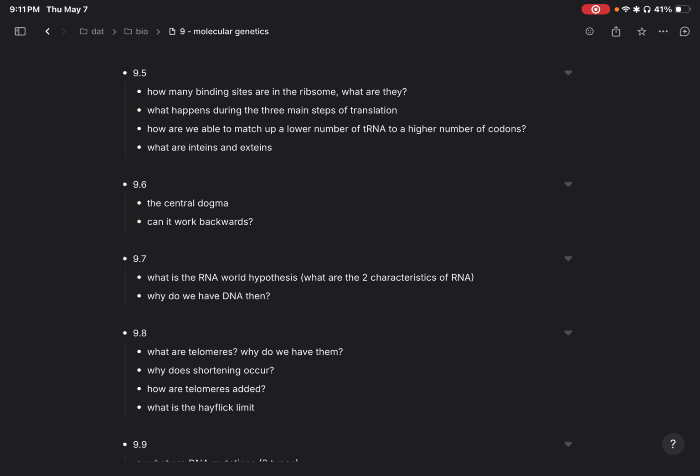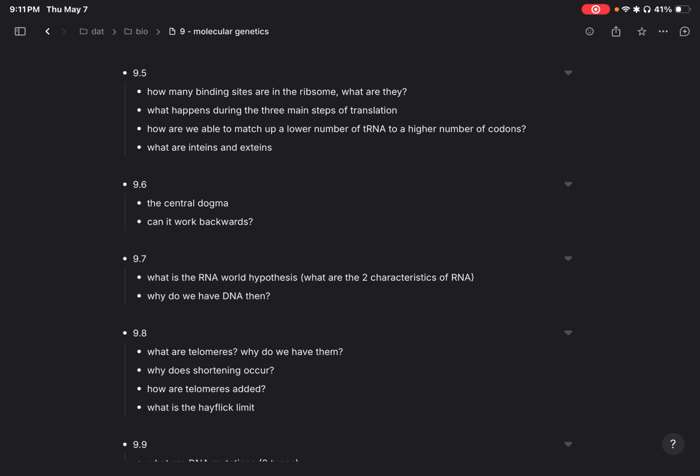What happens during the three main steps of translation? So initiation: the mRNA is going to attach to the ribosome. I remember I learned about this in bio class, there's two different ways, but in one way there's a ribosome and it's just walking until it finds the start codon, and then the ribosome will attach to it.